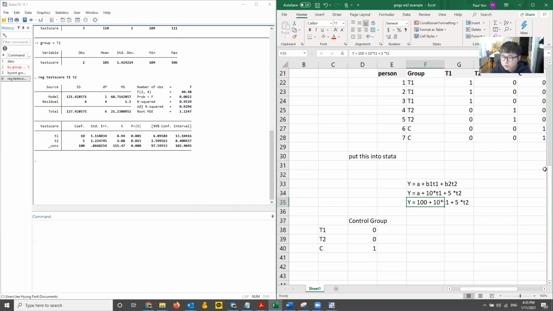So here, if you plug this in, you're going to get that y is equal to a plus b1 times 0 plus b2 times 0. And that ends up with y equals a, which is 100, which is the mean value of the control group.